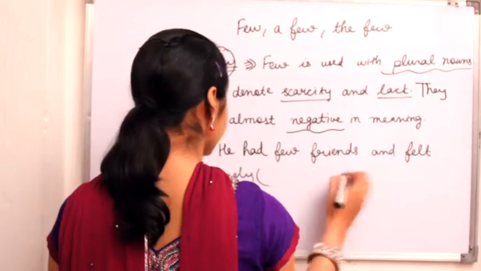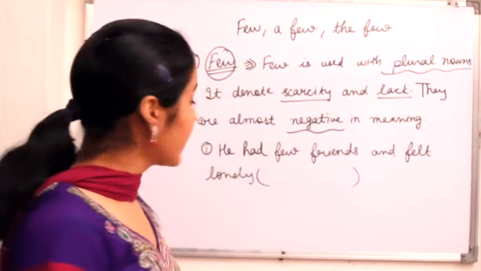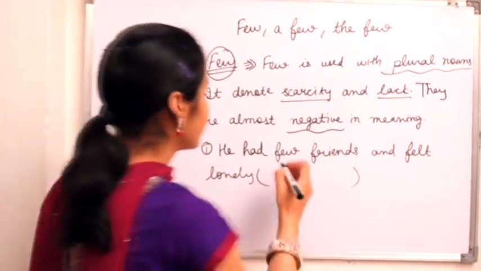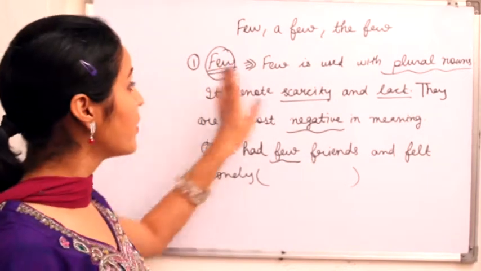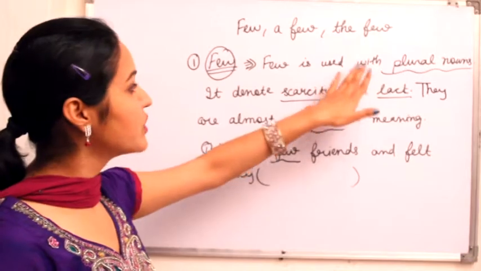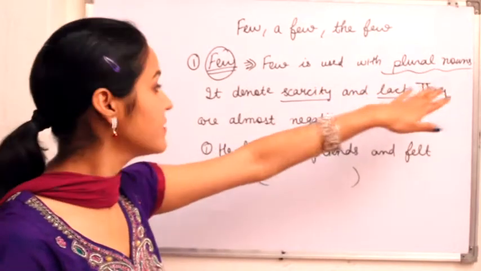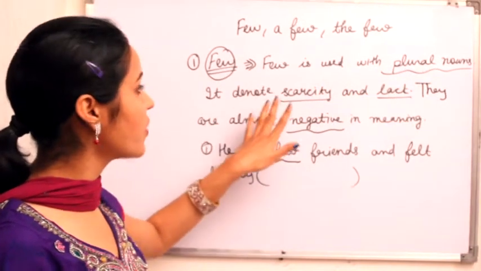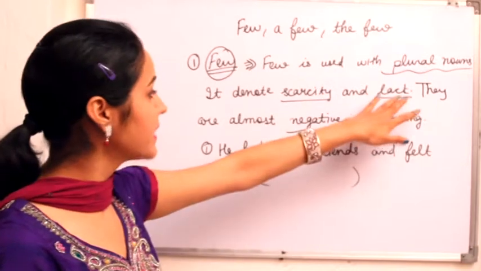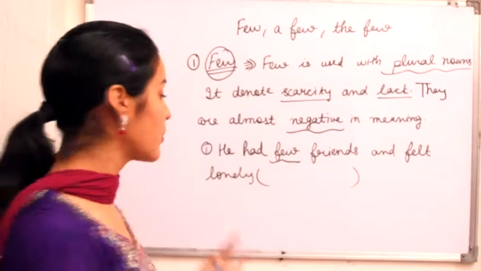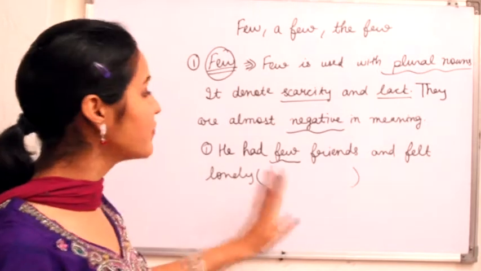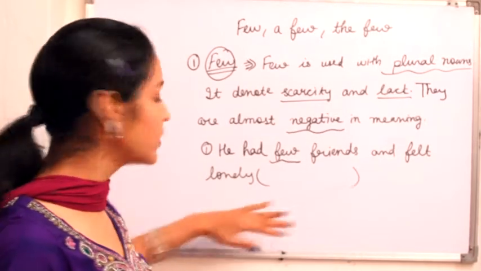So he had few friends. Why do I write few here? Look here. First, it is used with plural nouns and it denotes scarcity and lack. They are almost negative in meaning. So here he had few friends and felt lonely.